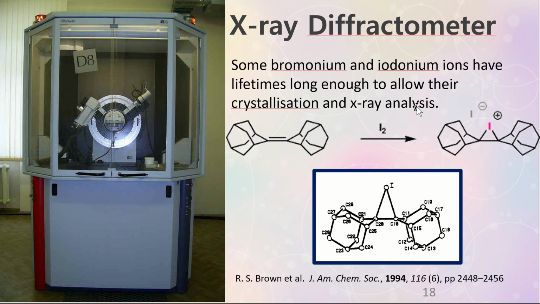So this is one of those uncommon situations where using this instrument, they're able to analyze by X-ray analysis the intermediate for the reaction. Yes, this is iodine, but they're able to observe this intermediate. That is amazing, right? Using the X-ray diffractometer, they're able to look at the intermediate for this particular reaction.